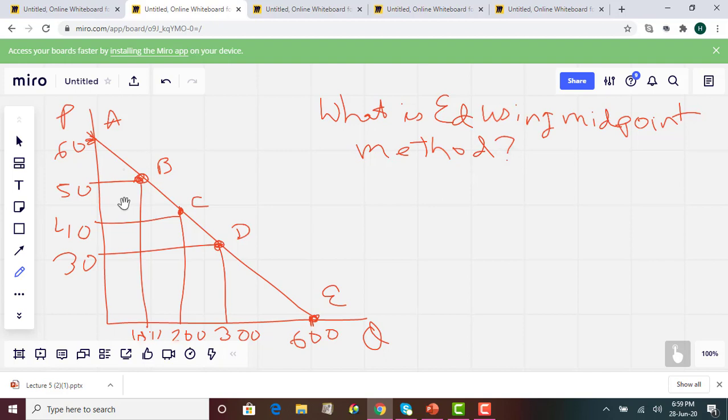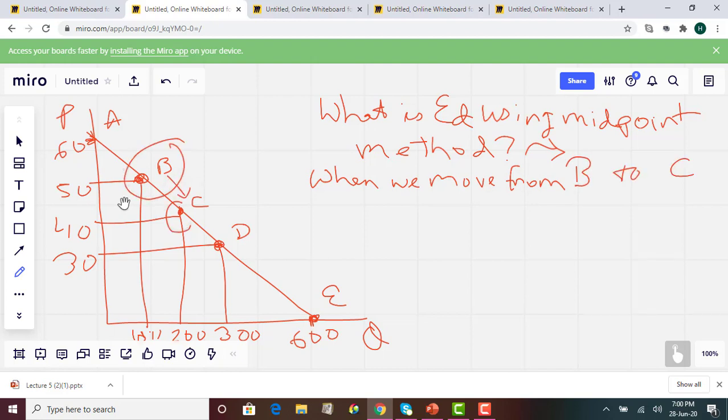In this case we use the midpoint method. What is your elasticity of demand when we move from point B to point C? Is it inelastic, elastic, or unitary elasticity? That's what we are going to find out.